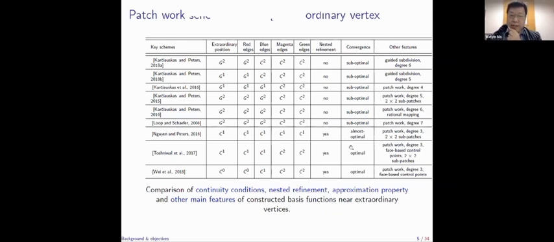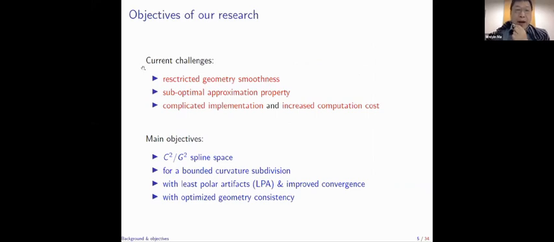There are some which can achieve optimal convergence, but the continuity may not be there. So in any case, there are some restrictions for the moment, for example smoothness at extraordinary positions, approximation properties, or implementation issues.